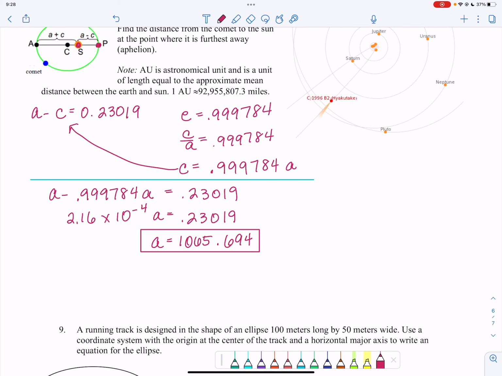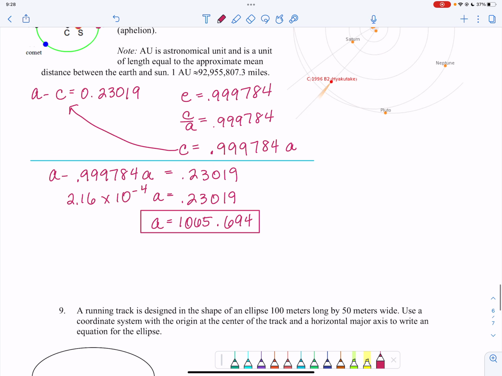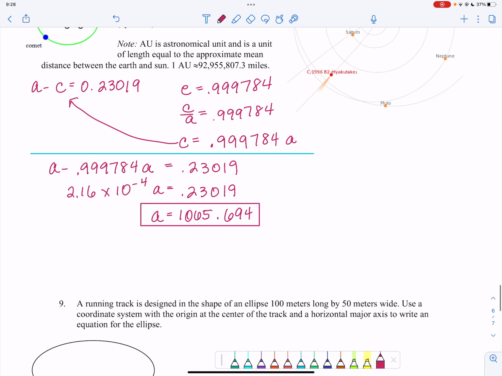Okay. And now, if we want to find C, we can now take C is equal to 0.999784 times A, which is 1065.694.